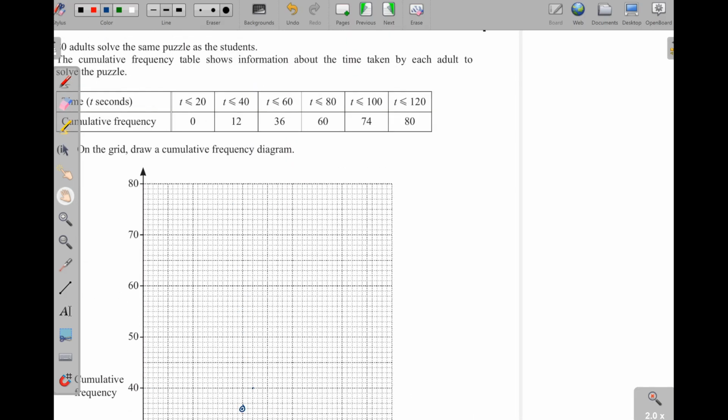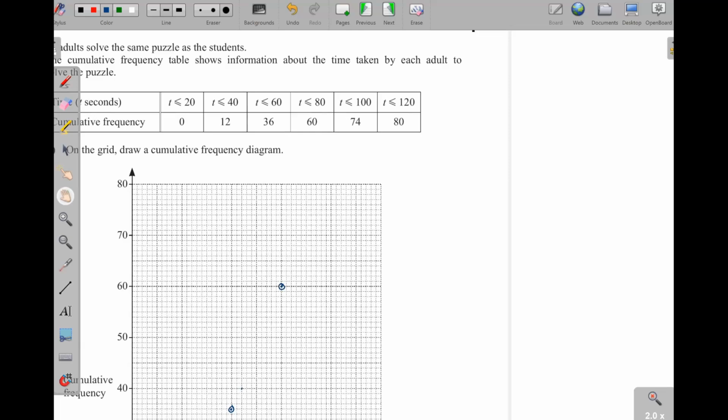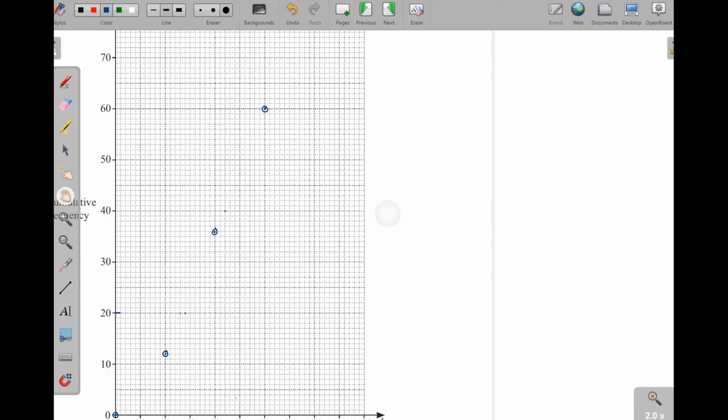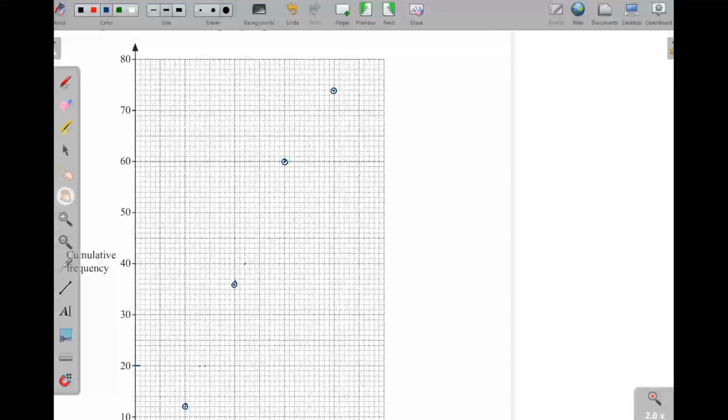Then the next one is 80 and 60. Then the next one, we have 100 and 74. So it is here. And then lastly is 120 and 80. So it is just here.